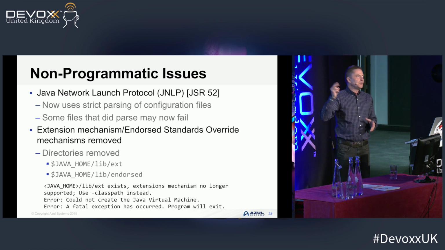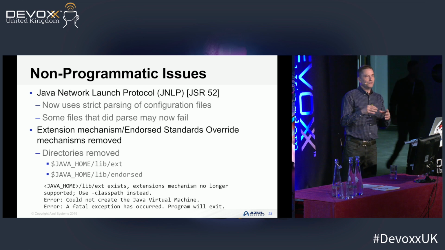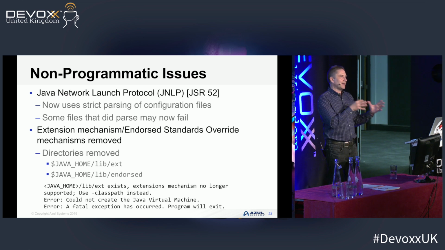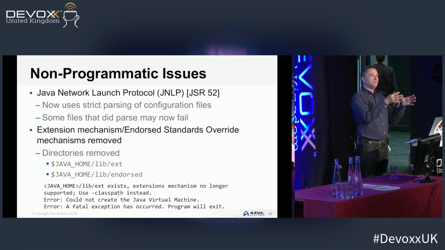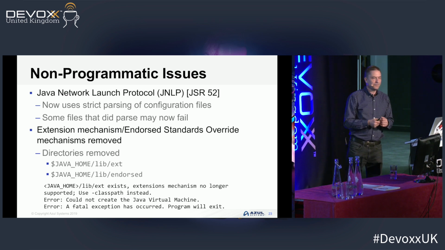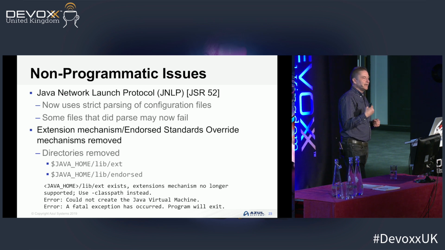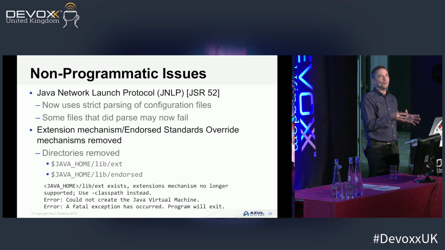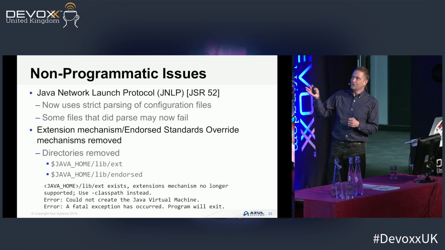Another thing that's been removed because of the module system is the extension mechanism and the endorsed standards override mechanisms. These were both things that typically were used by app servers because they needed to load a whole set of classes before you started running your application. In the module system, these things have gone away, and so now if you have the lib/ext or the lib/endorsed directory in your JDK, it will actually stop your JDK or JRE, the Java Virtual Machine, from running.